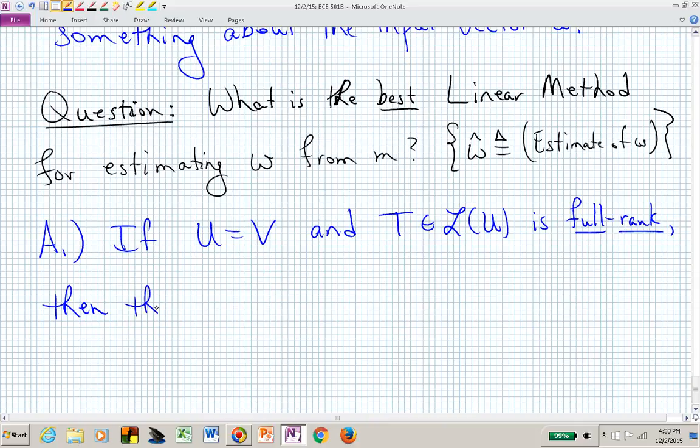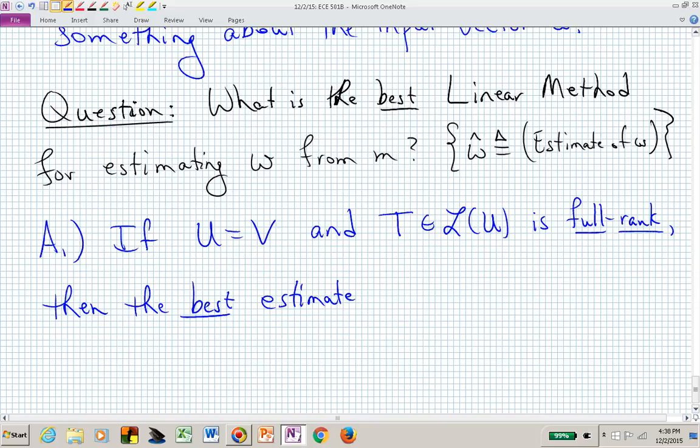Then the best, or in terms of a linear operator, T is injective, T is surjective, or T has an inverse if it's full rank.